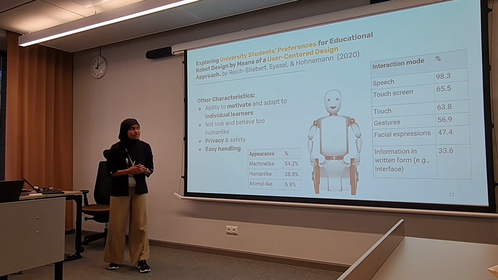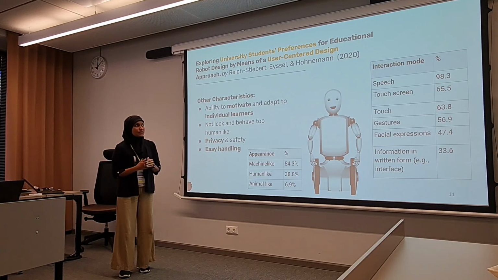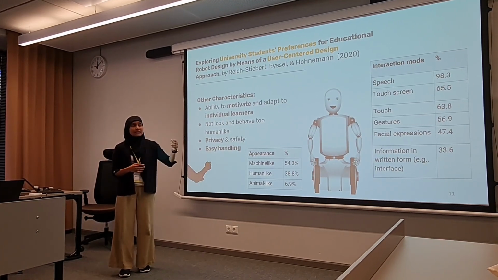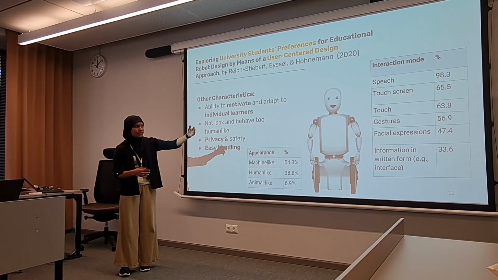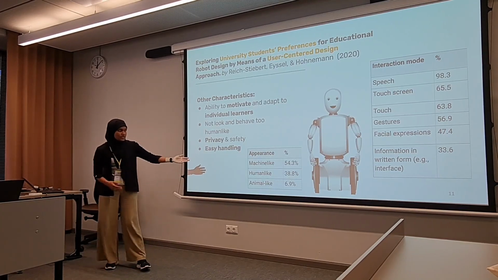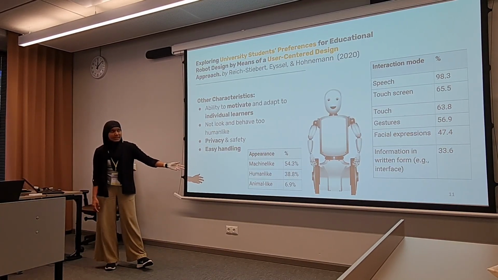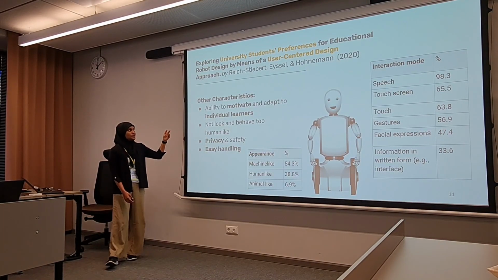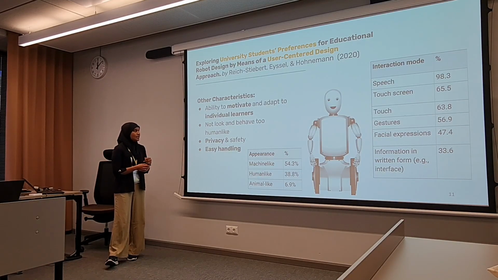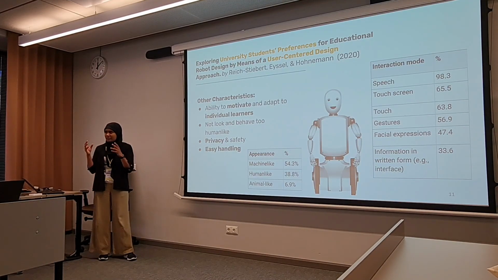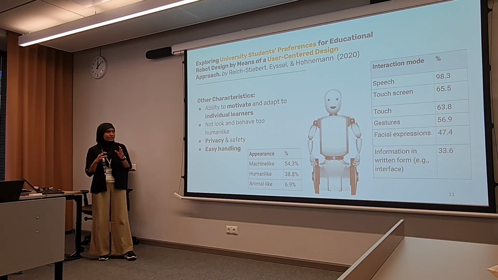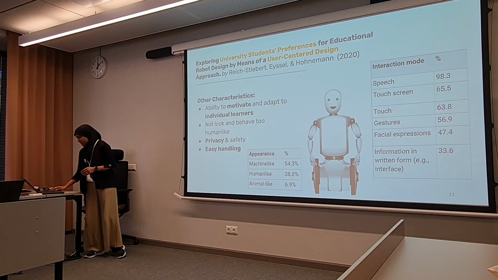They found that students want to interact with the robot primarily via speech, then by touch, and gestures. The university students want a machine-like interface, and they want their robot to be able to motivate them, adapt to individual learning style, and not behave like a human, because there's something called the uncanny valley in robotics. And of course, privacy and ease of handling were also mentioned.